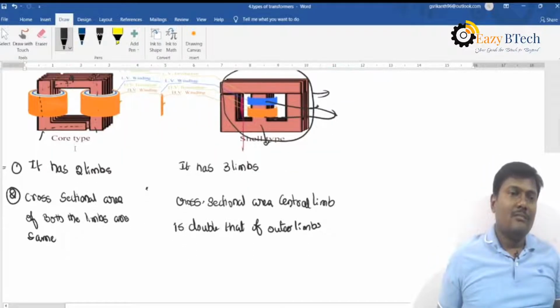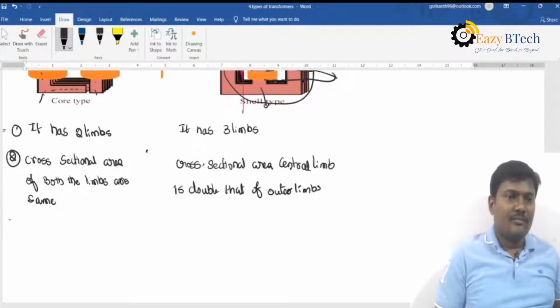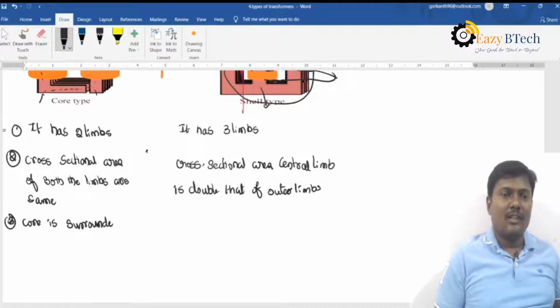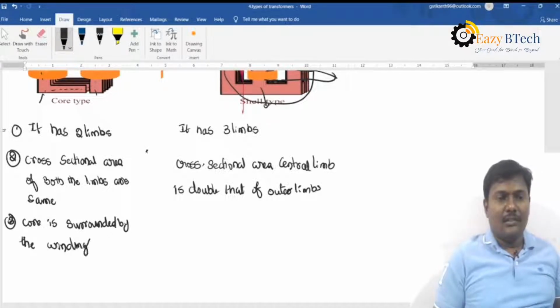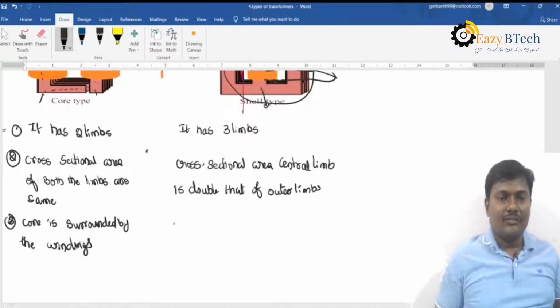And on the limb we wind the winding. So here the core is surrounded by the windings. But coming to the shell type of transformer, the windings are inside.